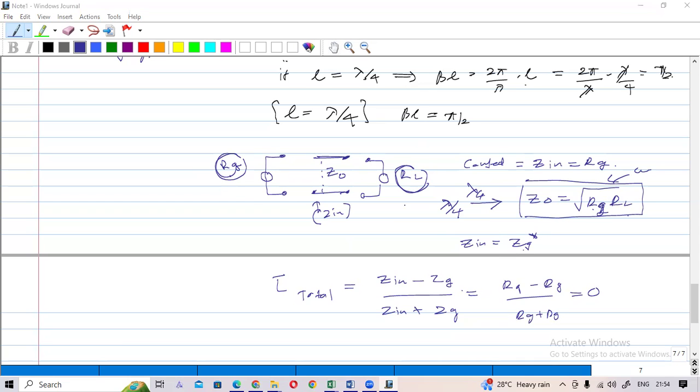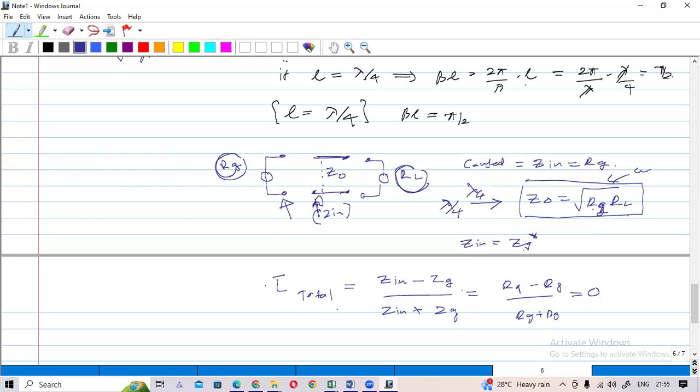So you can understand that when the load impedance and source impedance are real, the overall reflection will be 0, because you match the input impedance to the source impedance.